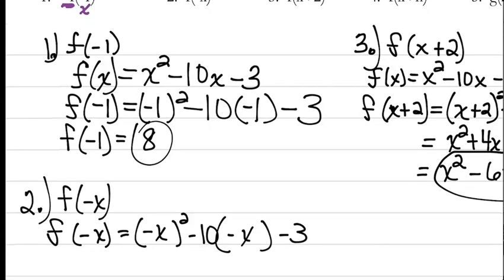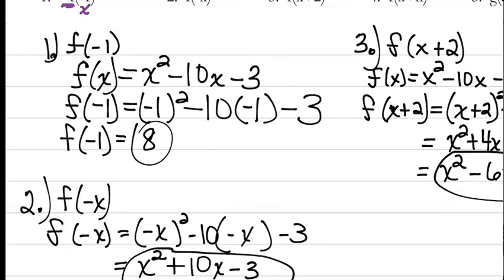Well, a negative x squared is just a positive x squared, because a negative times a negative is a positive. And then that subtract 10 is a negative 10, so negative 10 times the negative x gives me a positive 10x. And then I just have that minus 3, and we're done.